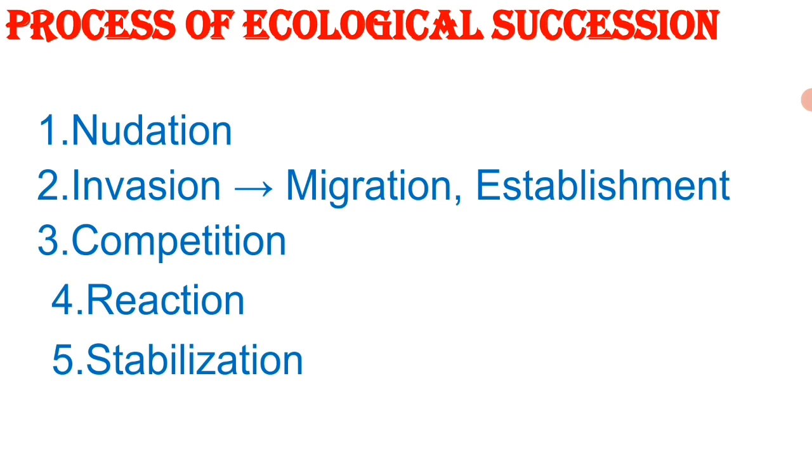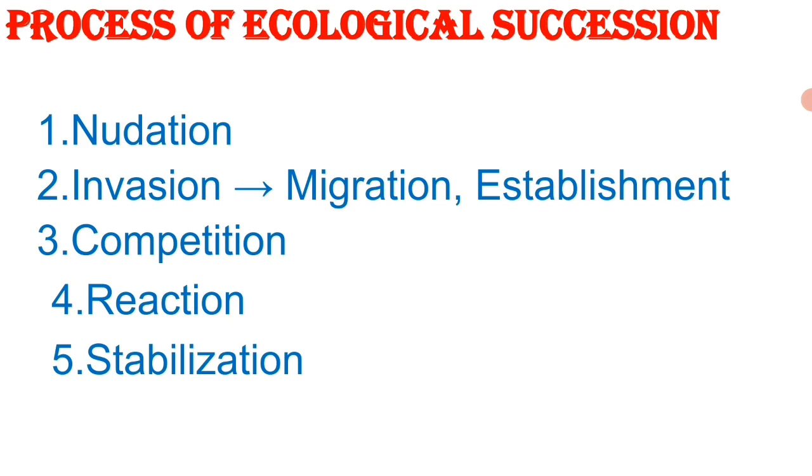Then invasion. Invasion means the establishment of one or more species in a bare area through migration followed by establishment. Let us consider that in that bare land area, one mango plant is living. After some years it grows, giving plenty of fruit.